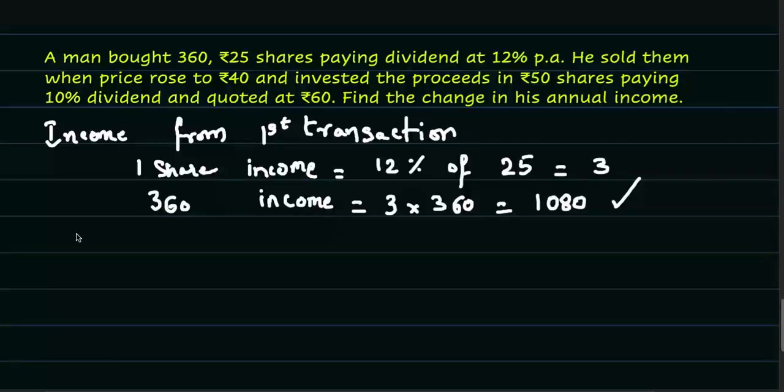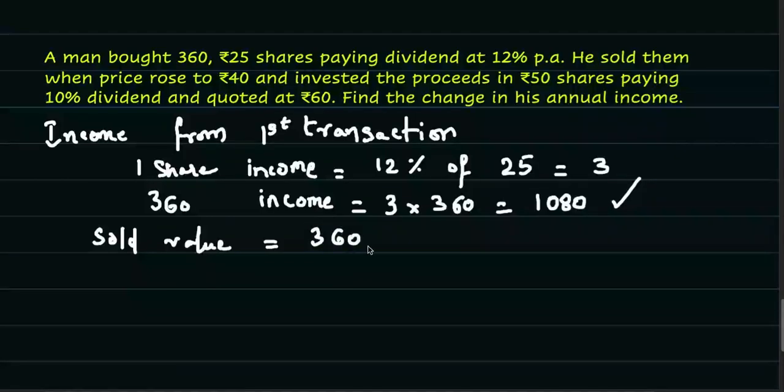However, what he did, he sold it at 40 rupees. So the value he got after selling those shares will be 360 into 40, which is 14,400.